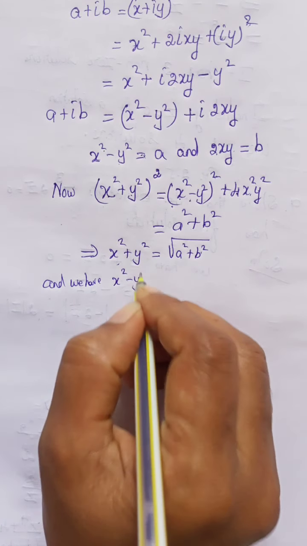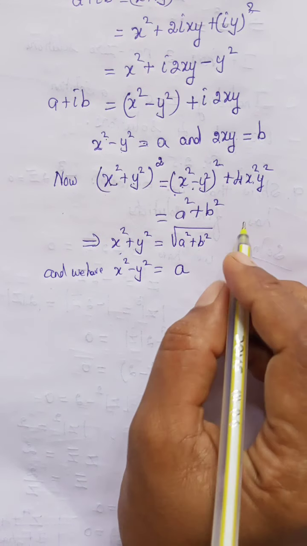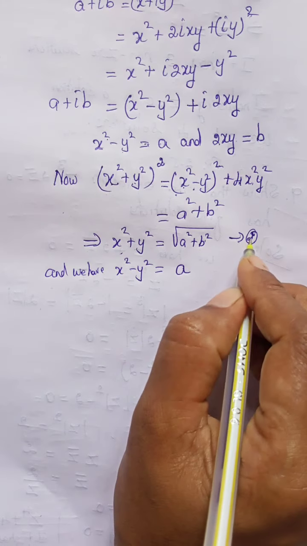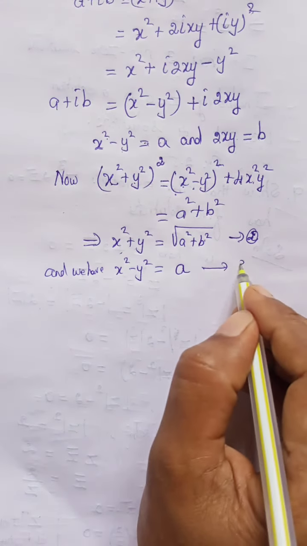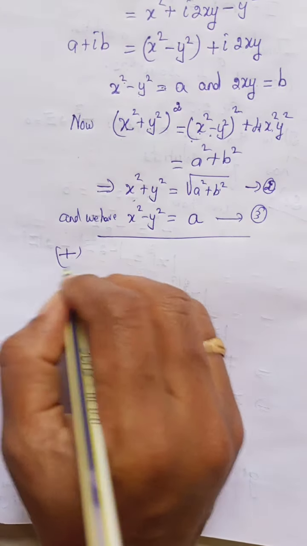Now this is one answer, and we have x square minus y square is equal to a. Already equation 1 is there, so we can write this as equation number 2, and the other is equation number 3. Add both equations.